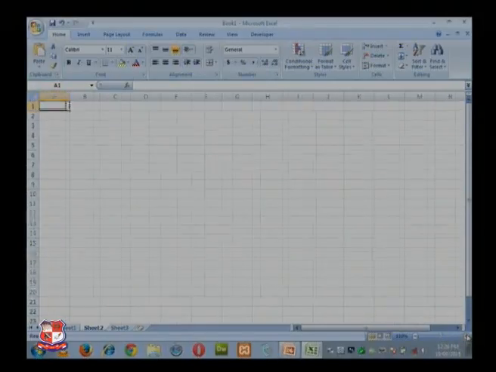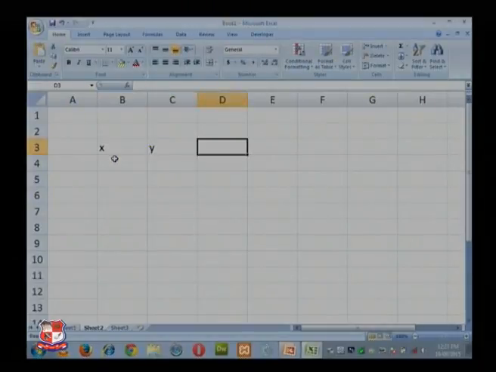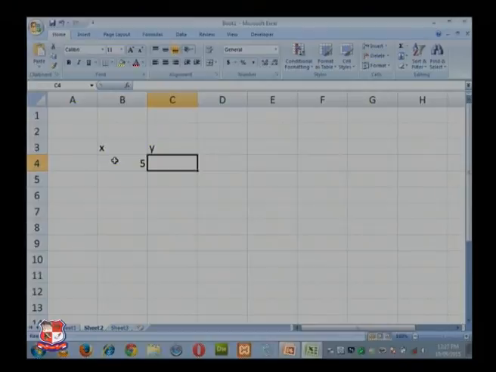In the same Excel file, you can open a new worksheet and here you put x and y, very simple, then 5 and 2, 9 and 8.